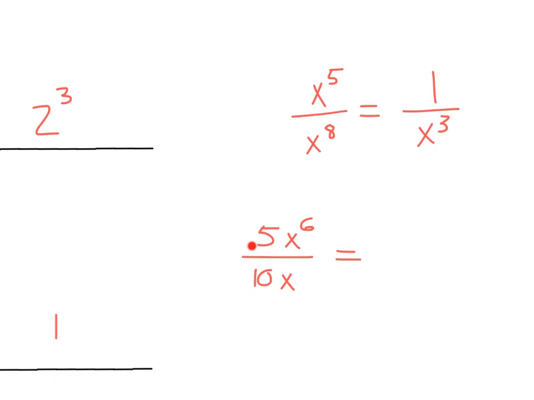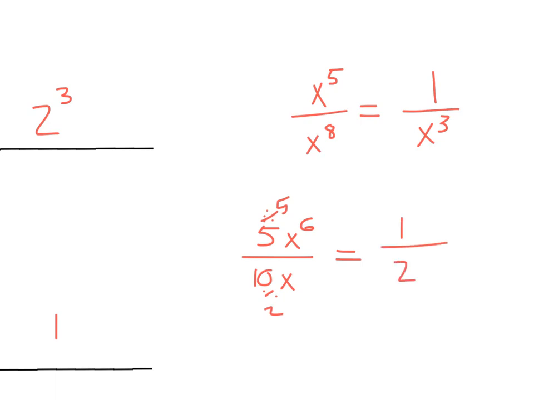So I just see here a fraction of 5 over 10. That doesn't divide out nicely because my big number's on bottom, so I'm just going to simplify this fraction. So if you think to yourself, what can we divide out of 5 and 10 both? That would be a 5. So if I divide a 5 out of top and bottom, I would be left with 1 over 2.